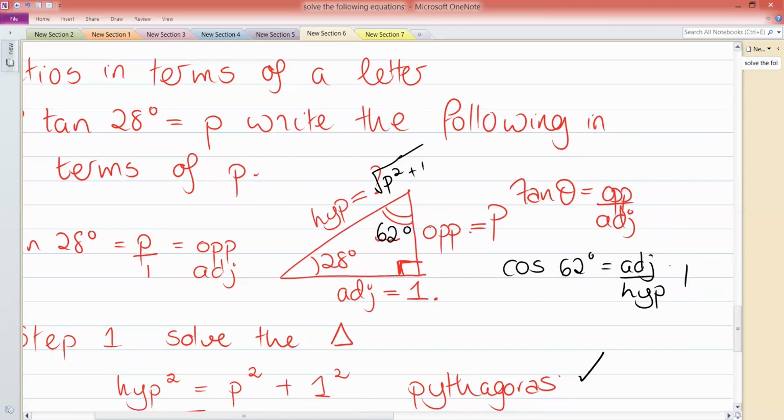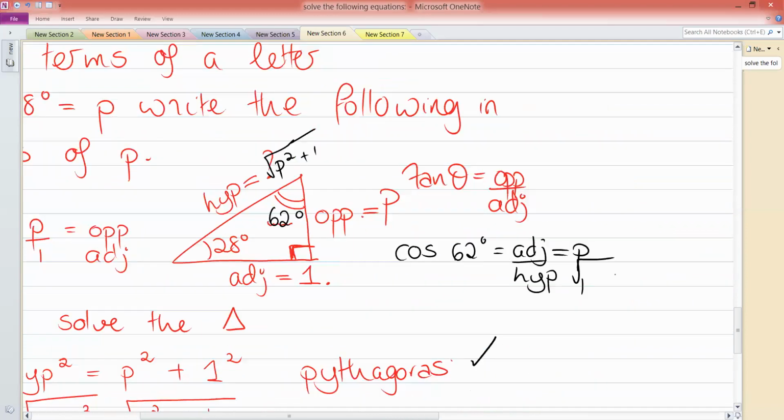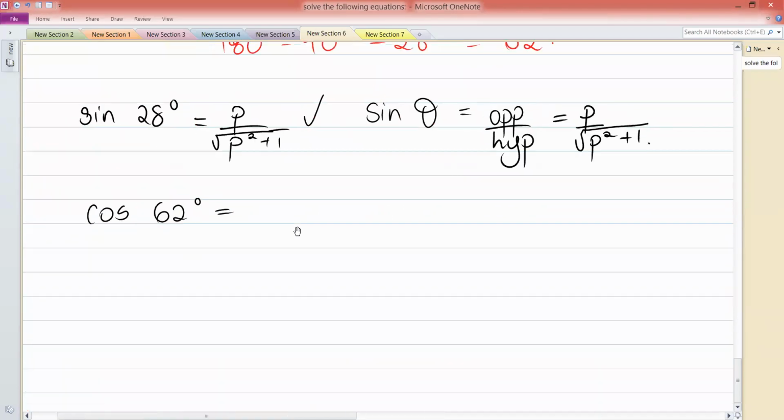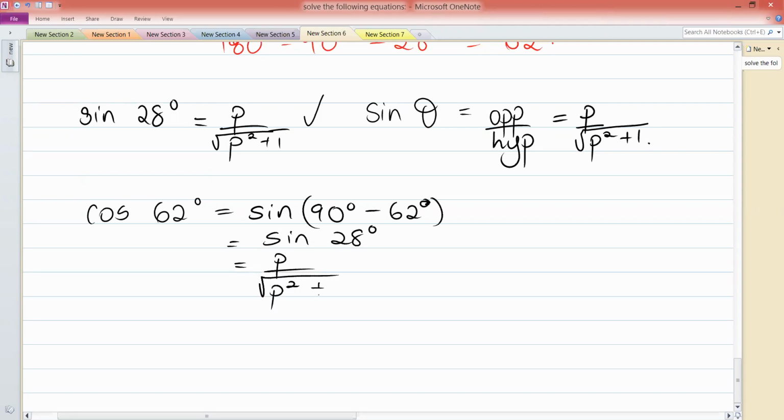So this one is going to be P over the hypotenuse, which is the square root of P squared plus 1. Or you could have said, let's use co-ratios. So cos 62 is actually equal to sine of 90 degrees minus 62, which is just equal to sine 28. So it's the same ratio, P over the square root of P squared plus 1.